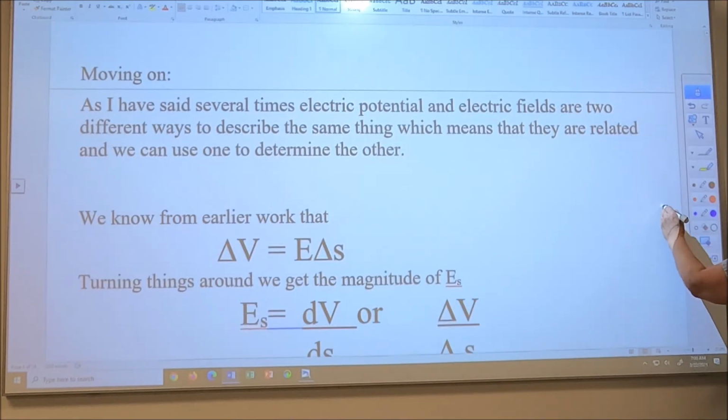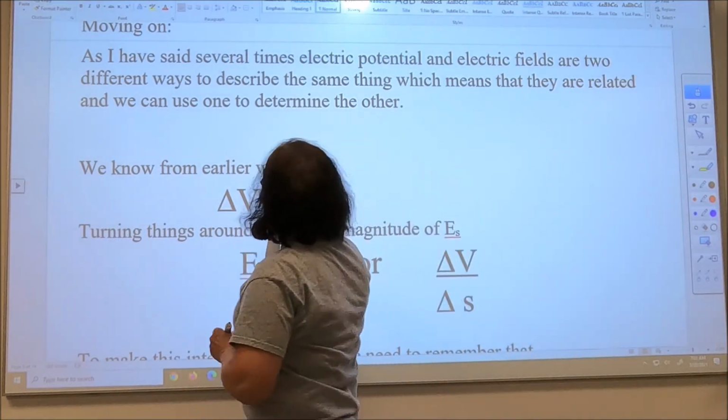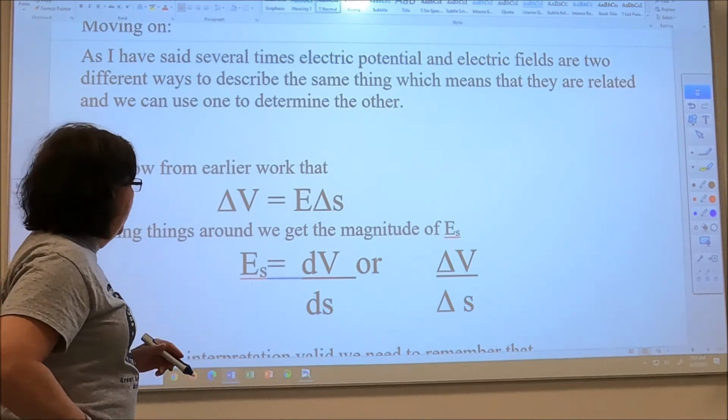Just a reminder, electrical potential and electric fields are 2 different ways to describe the same thing. Essentially, that disturbance in space caused by some source charge. And we know that delta V is equal to E delta S if I'm in a parallel plate capacitor.